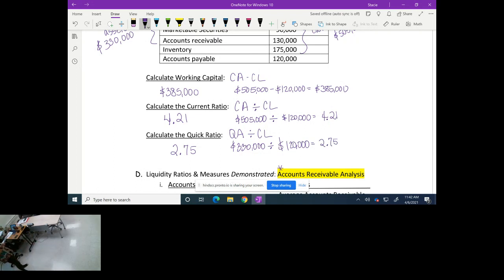Y'all still working on it? You done? You're not waiting if you're not done. You want to check yourself. Those are relatively easy. You just got to remember what each of these means.